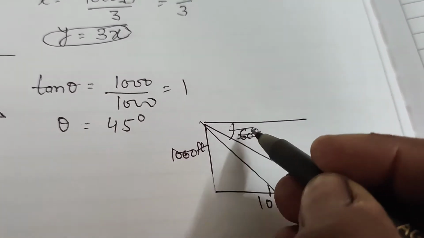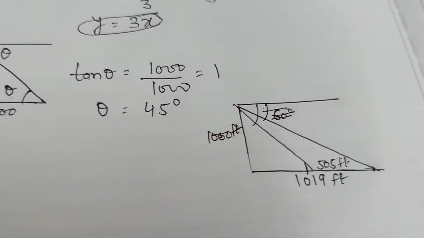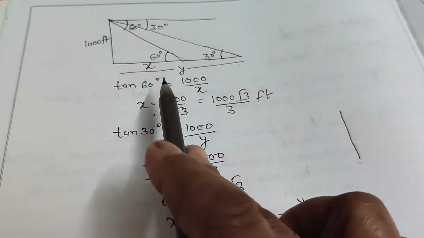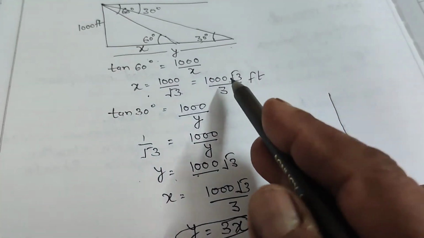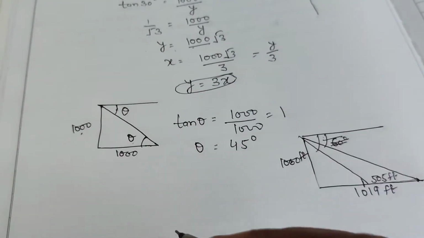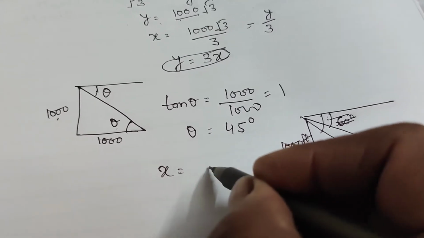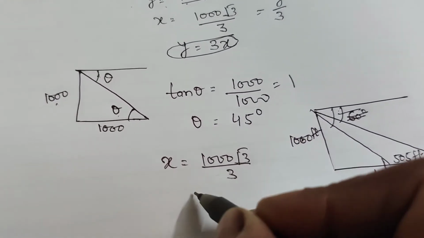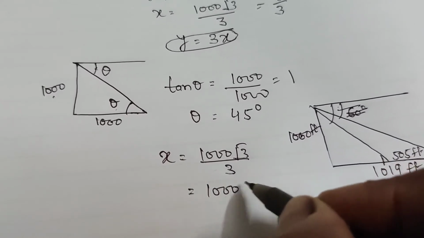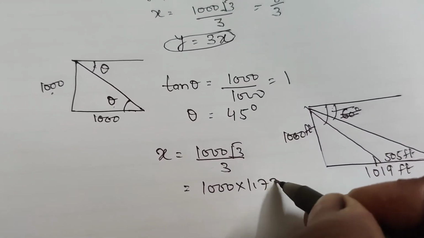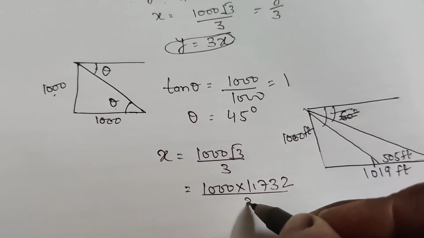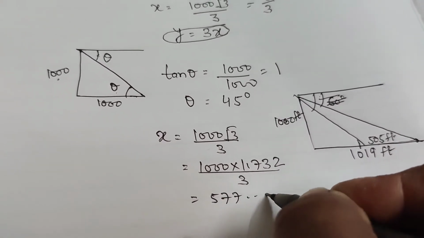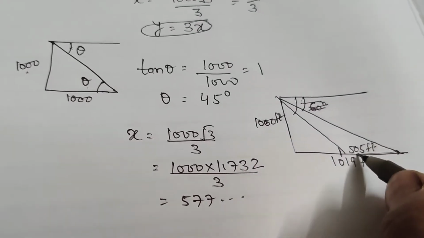This is not given, so we have to find it. With tan 60 degrees, first we have to find x. x equals 1000 root 3 by 3. This value comes to 1000 into 1.732 by 3, approximately 577 point something. Half of this is about 505.